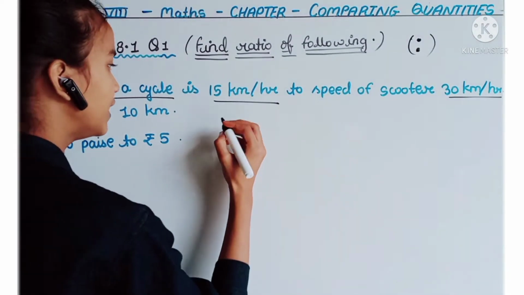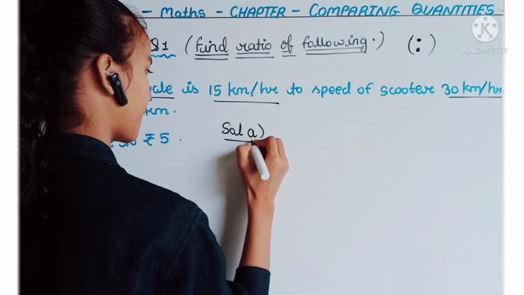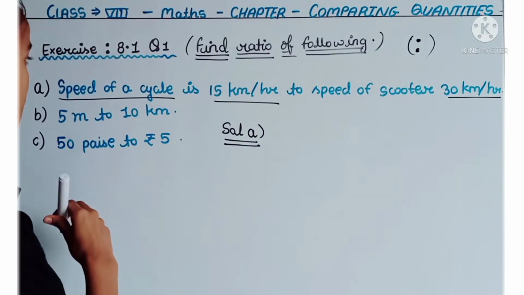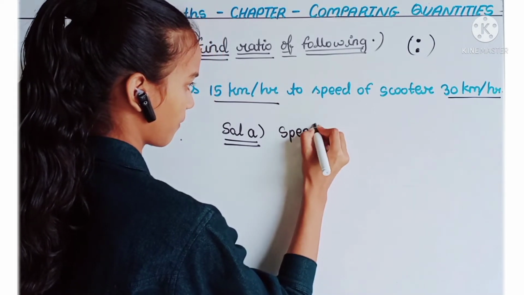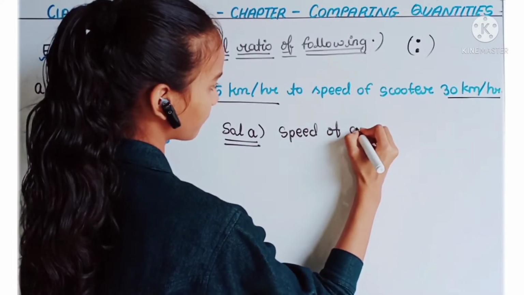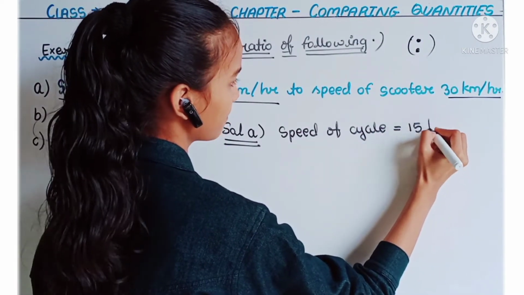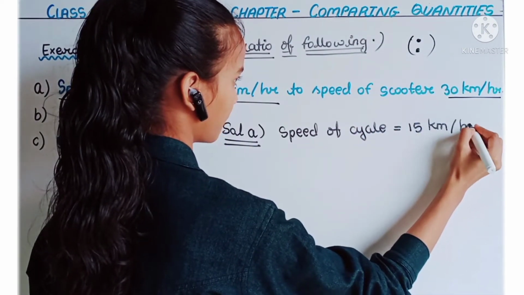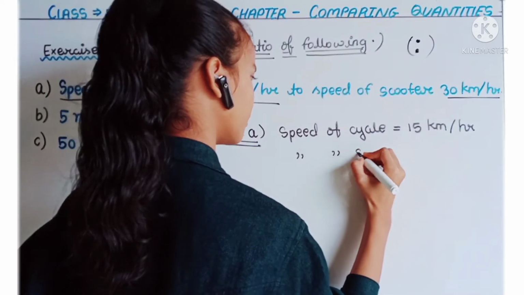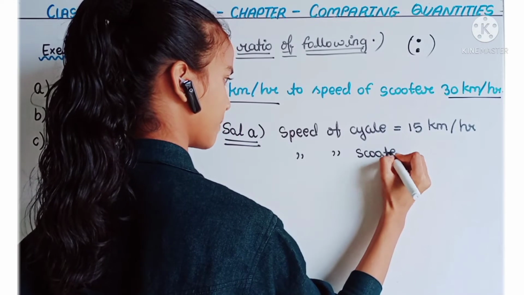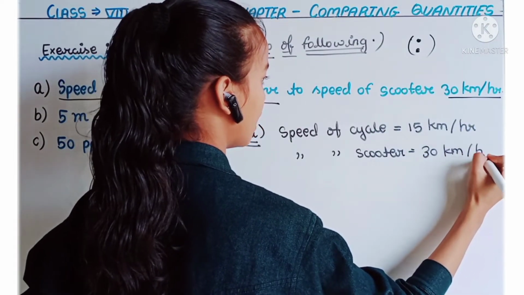Let's start with the first part of this question. First we will take the speed of the cycle, which is given as 15 km per hour. Next we will take the speed of the scooter, which is given as 30 km per hour.